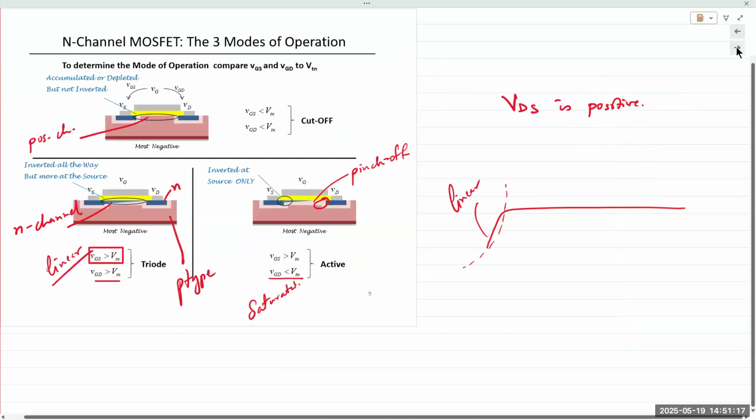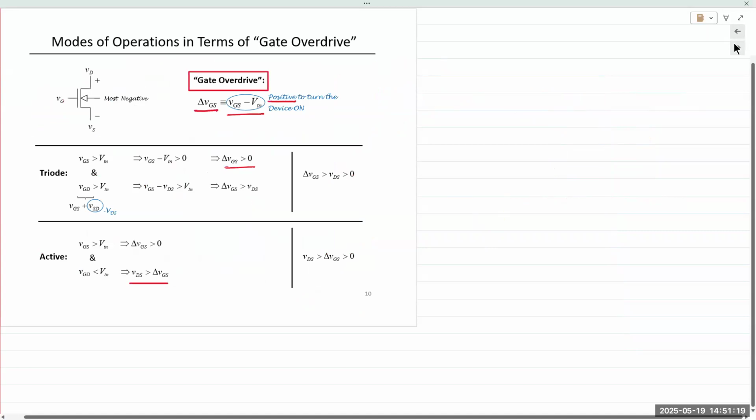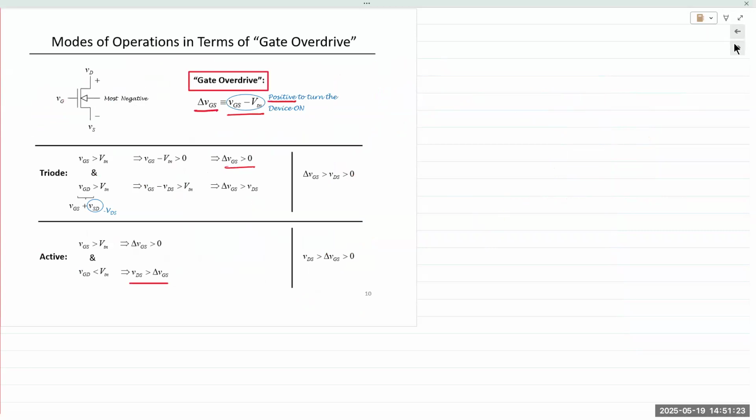Okay, so for the three regions of operation, we can simulate the functioning of a MOSFET in LTspice or in PSpice, obtain a set of data points, and extract information about the threshold voltage and other parameters from that data, which was also one of the procedures in that lab, right?